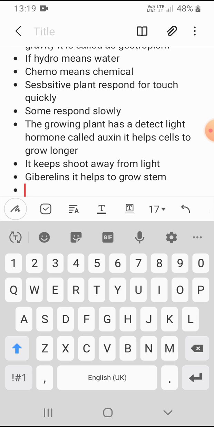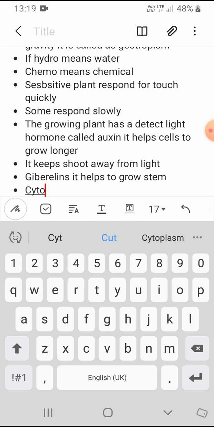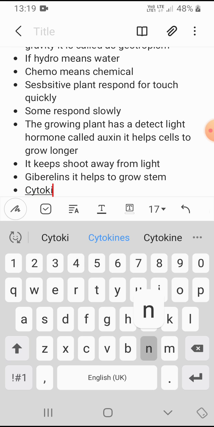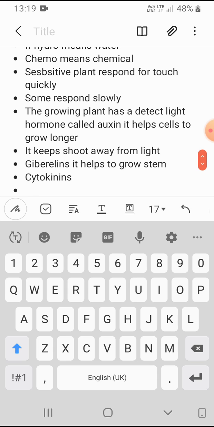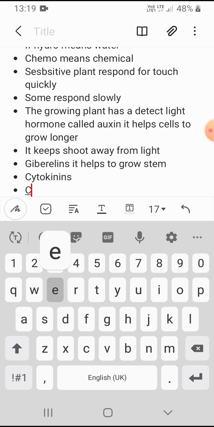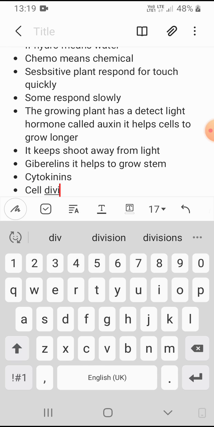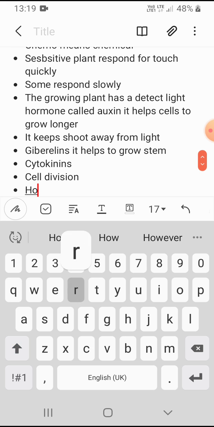And another hormone is cytokinins. It helps cell division in plants, the dividing of cells. These are some of the hormones in plants, found in various different places.